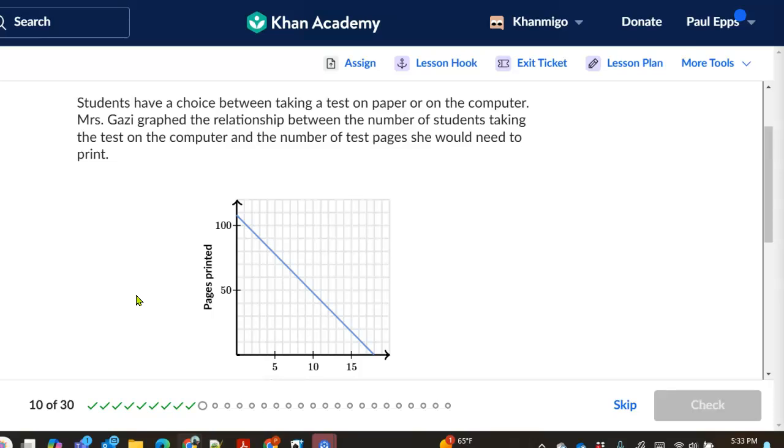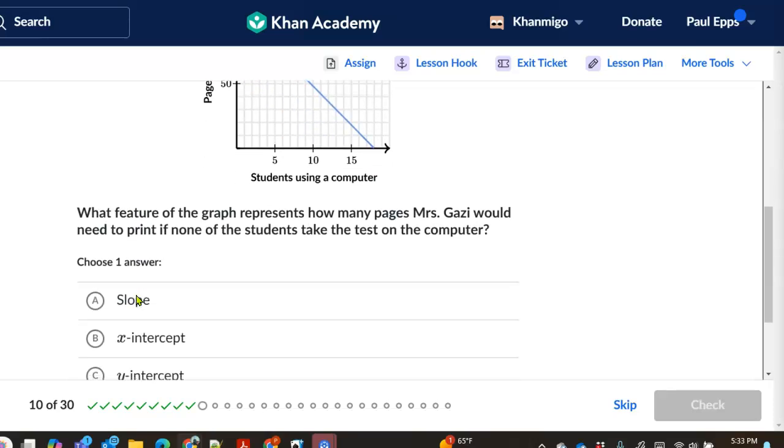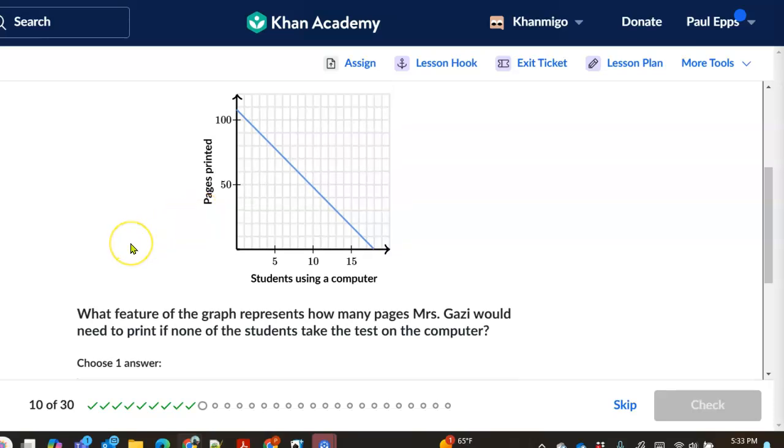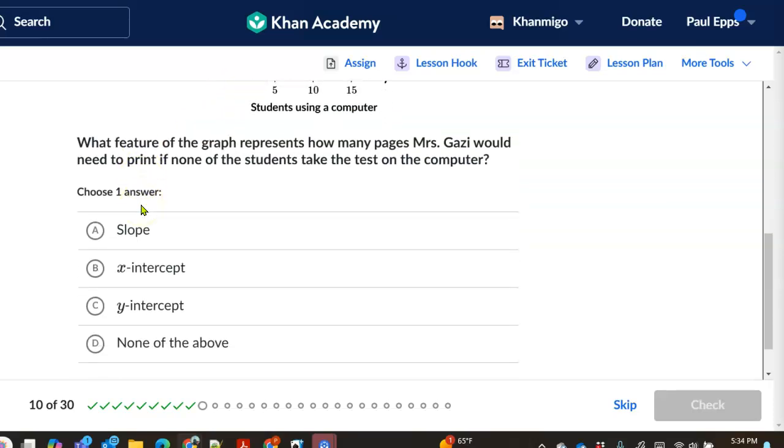All right. What feature of the graph represents how many pages Mrs. Ghazi would need to print if nobody took the test on the computer? Well, that would be the y-intercept. Nobody uses the computer, so that would be 0. And so the y-intercept would be the number of pages.